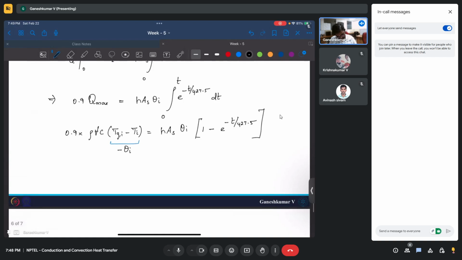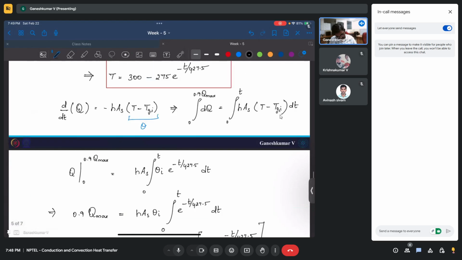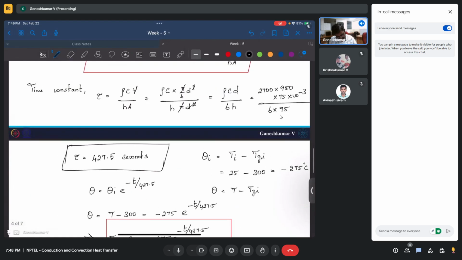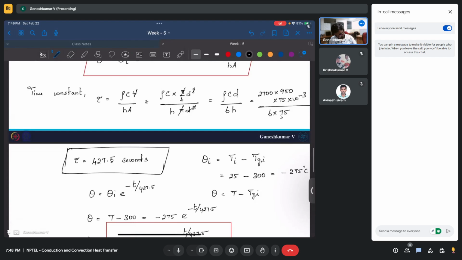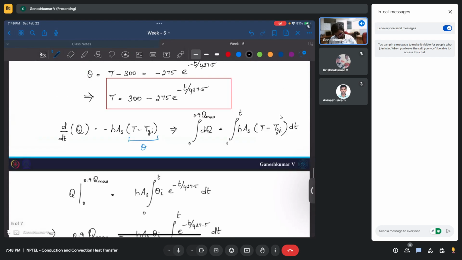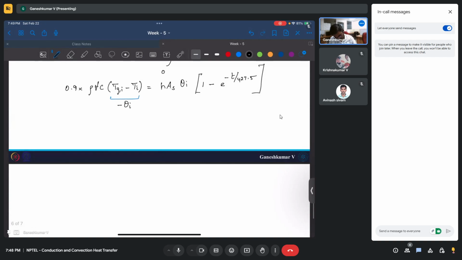So am I missing something? Rho Vc by hAs is nothing but tau. So let's rearrange this.